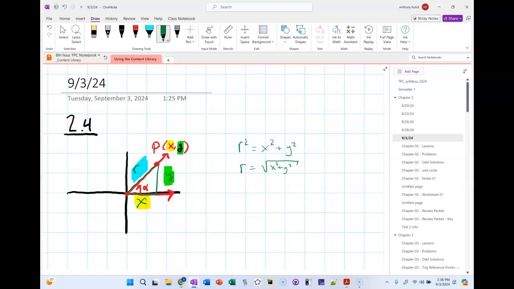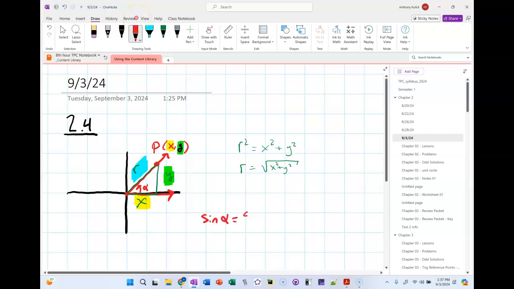So look at what we've done here for a moment. We've taken this right triangle and we've defined it using the coordinates x and y of this point P, and this r, the distance from point P to the origin. So, for example, if I take sine of alpha, normally we'd say that's opposite over hypotenuse, right?